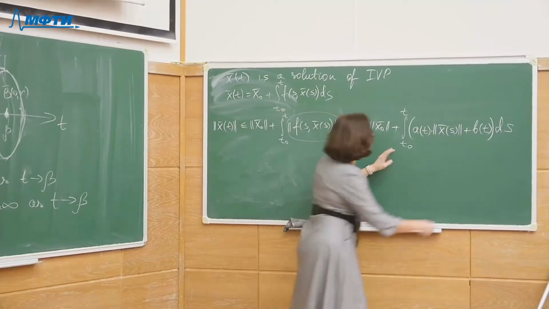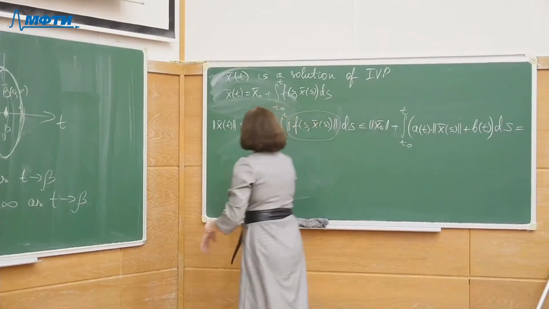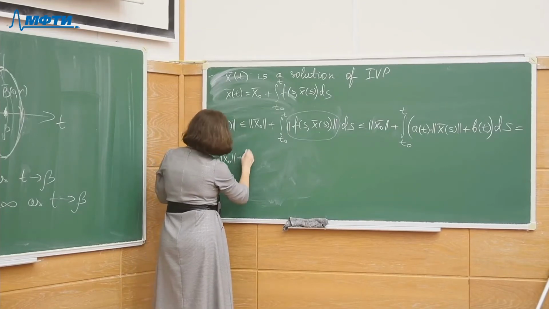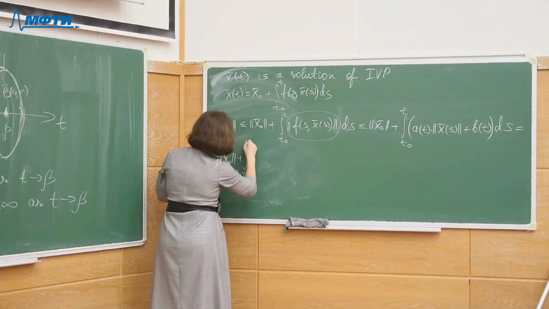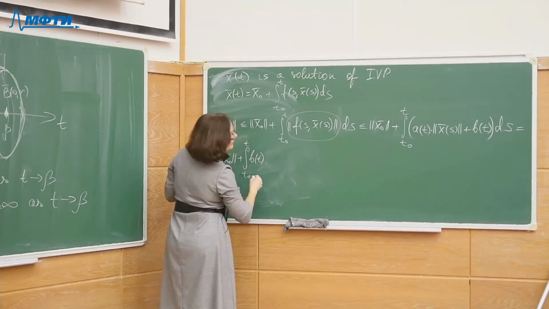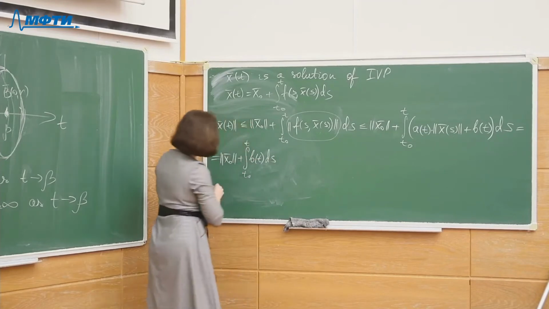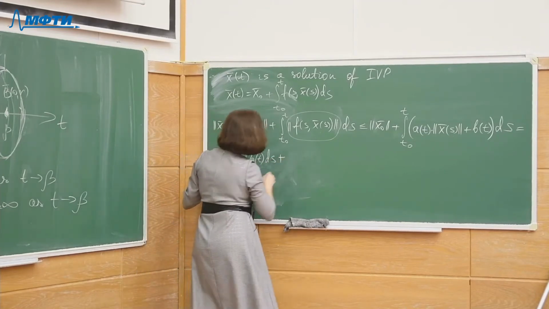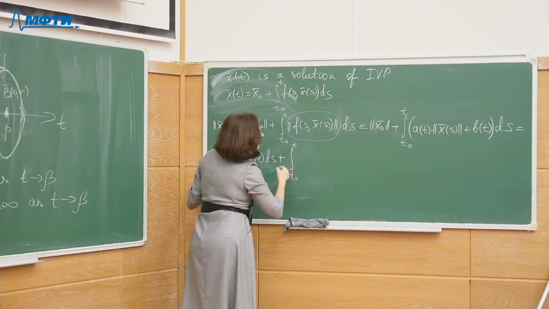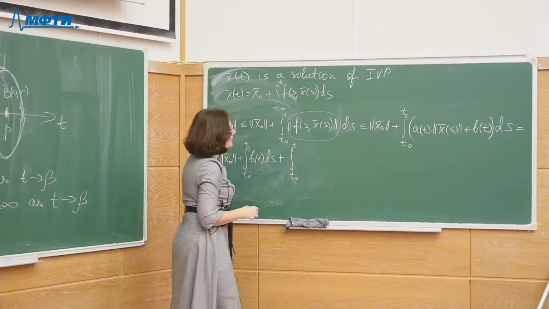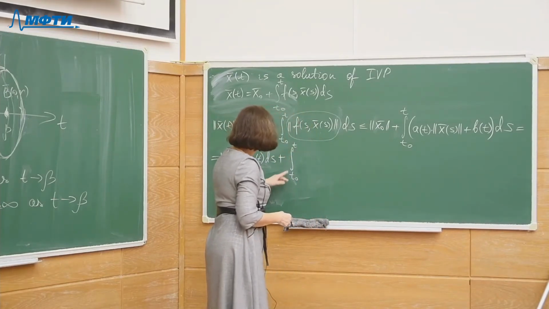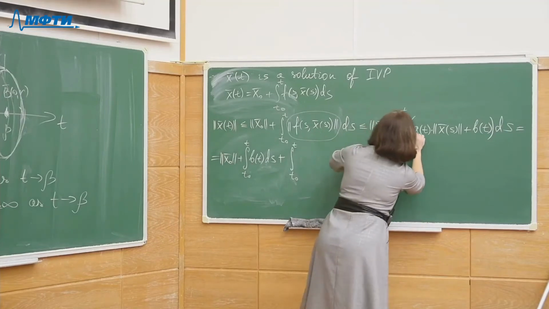Okay, well, then we can rewrite it in the form: the norm of x0 plus the integral from t0 to t of b of s ds plus the integral of a of s times the norm of x of s ds.